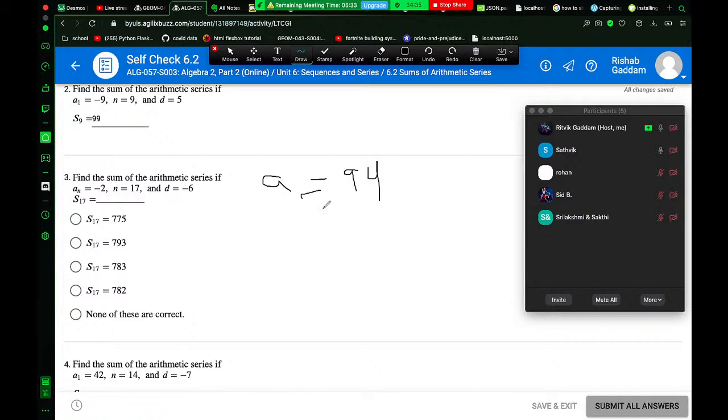By a formula. It's an minus n minus 1 and then d.